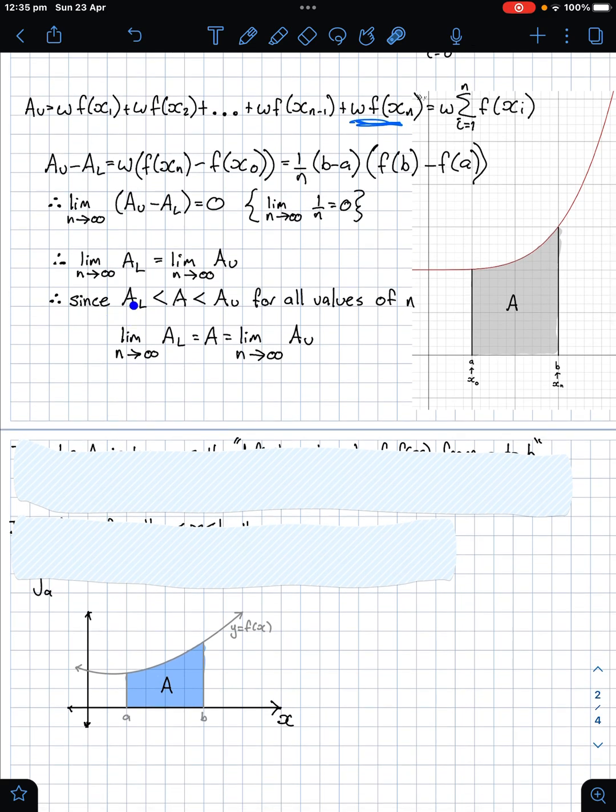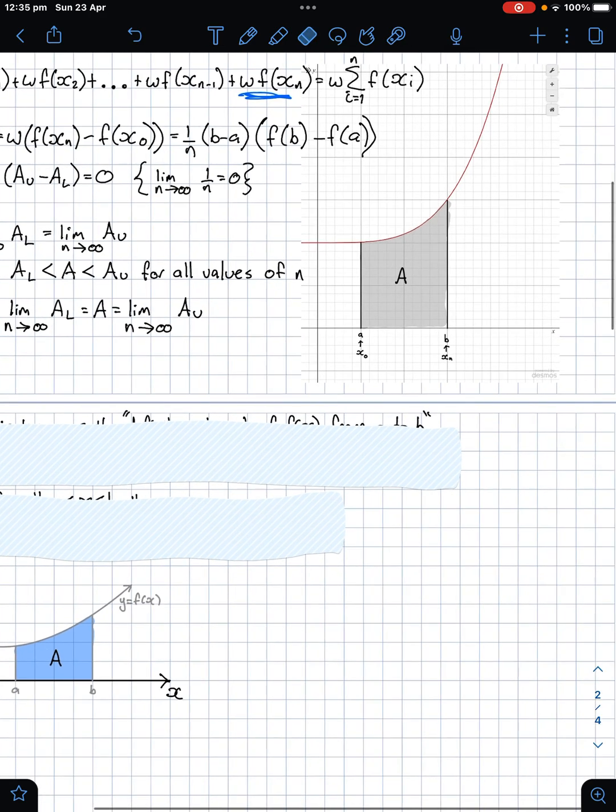And since the underestimate is less than the actual area, which is less than the upper estimate for all the values of n, if the difference equals 0, then as n approaches infinity, the area of the lower estimate is going to equal the area, and it's going to equal the area of the upper estimate.